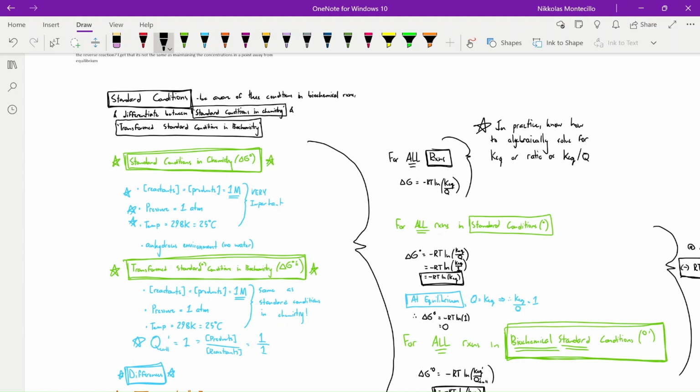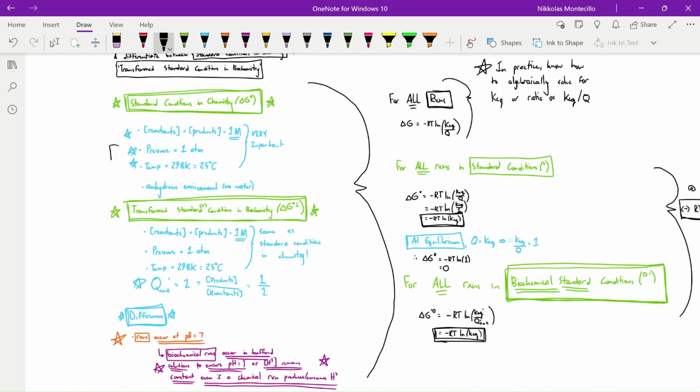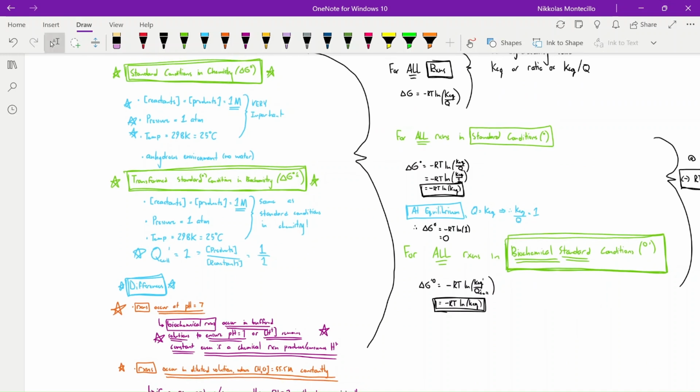We also find that the pressure is 1 atmosphere with a temperature equal to 298 Kelvin or 25 degrees Celsius. These two conditions are applied across for transform standard conditions as well, but what we really want to look at here is the Q of the cell.